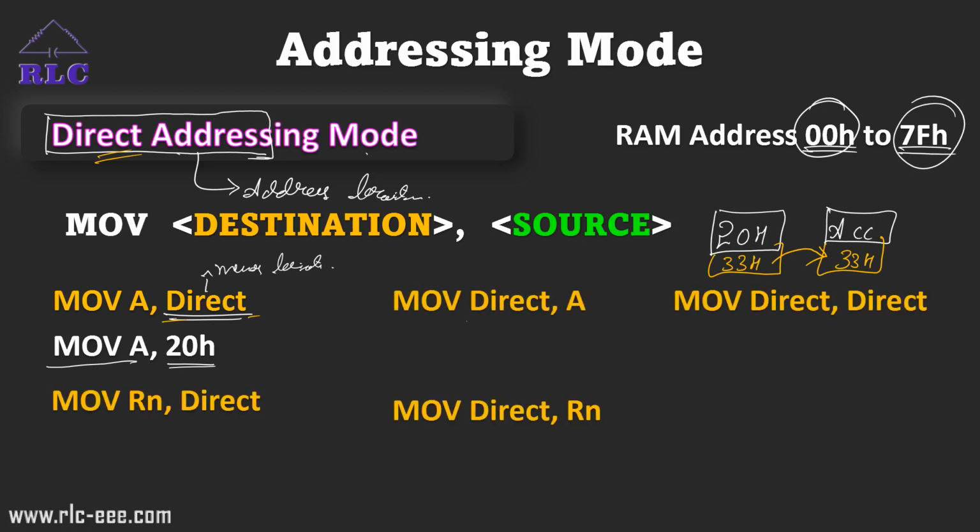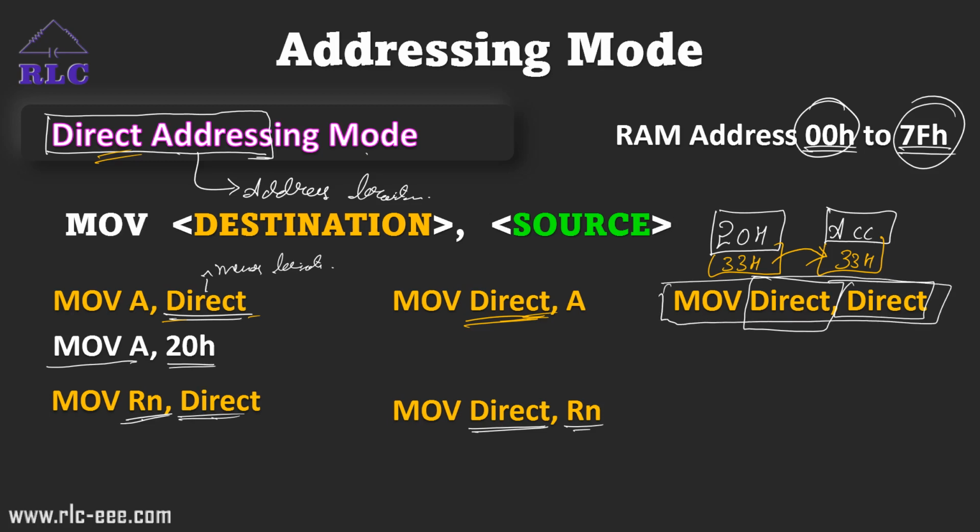We can have the destination as register and the source as direct address, or the destination as direct address and the source as register. Both destination and source can also be direct addresses.